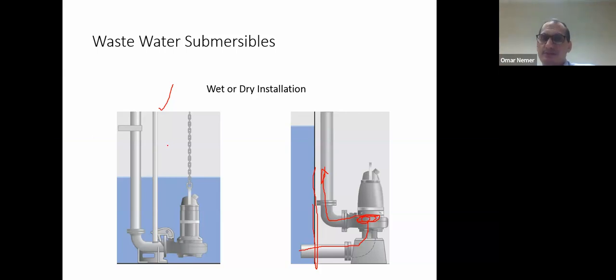Submersible pumps, once they are submerged, depend on the surrounding liquid for cooling, which means the heat will dissipate to the pumped liquid, so we keep the motor cool. But once you put it in dry installation, the motor is closed, so how can we cool it? Then we need to equip this pump, I mean the manufacturer will do that, with something we call the cooling jacket.